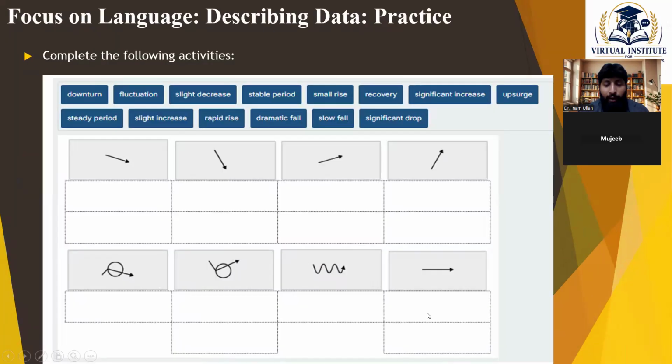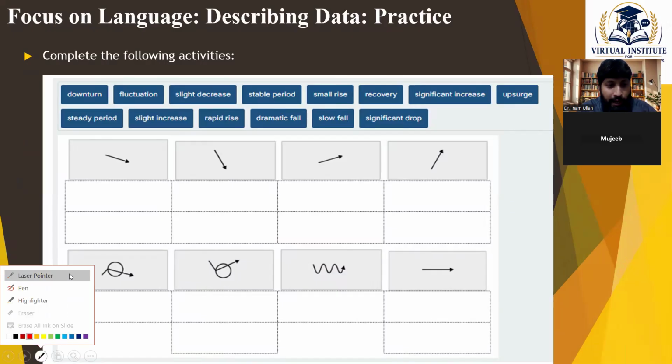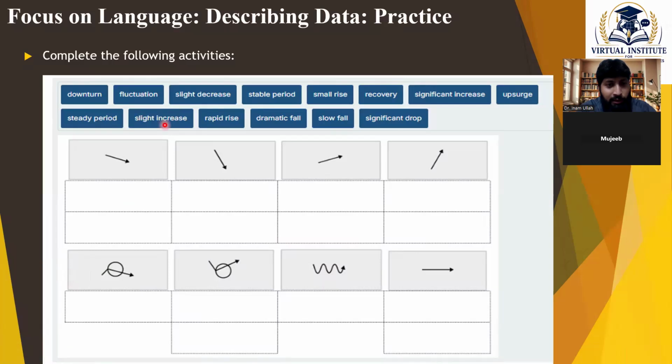Now we have an activity, and in this activity, you will be using proper words from the list of words about trends. Looking at this direction, which words are the most relevant to this type of trend when it is going this way?